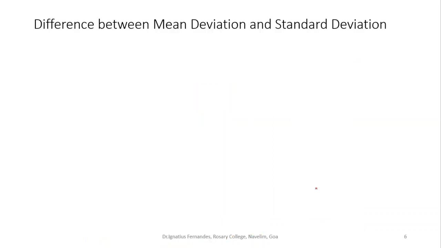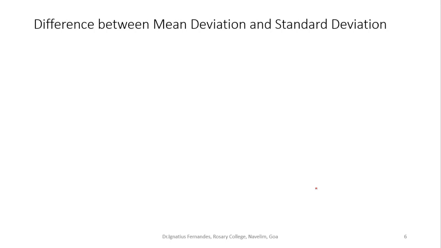So the difference between the mean deviation and standard deviation: we have already seen how to calculate mean deviation, which includes absolute values, whereas standard deviation includes the square of the deviations. Standard deviation is more of your distance formula. If you recall the distance formula between 2 points, we take the square of the deviations.